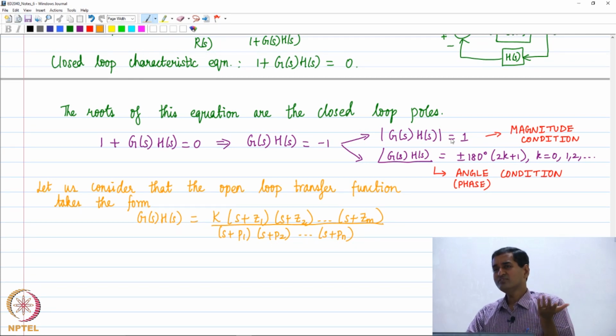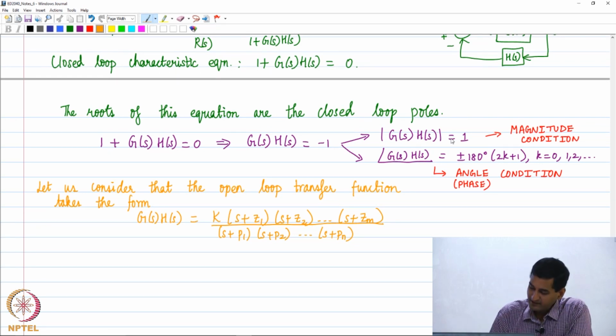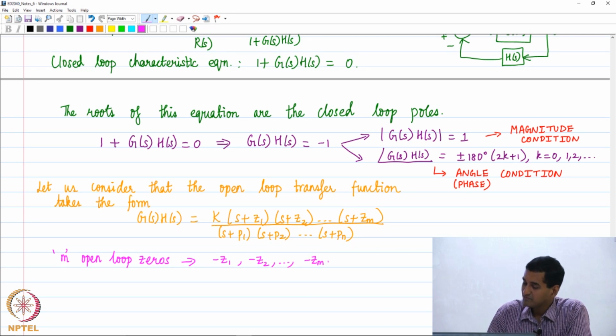Of course, you see that I have factorized the denominator and the numerator polynomials. So you can see that the numerator polynomial is of order m, the denominator polynomial is of order n. So that structure is something which we are still keeping. Immediately we can see that there are m open loop zeros. What are the m open loop zeros? Minus z1, minus z2 all the way till minus zm.